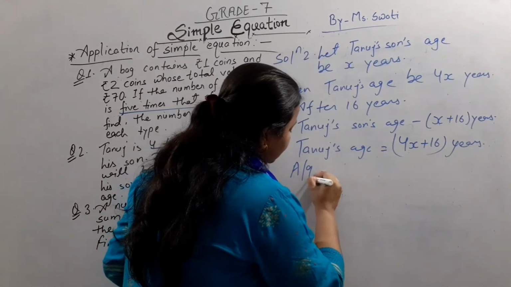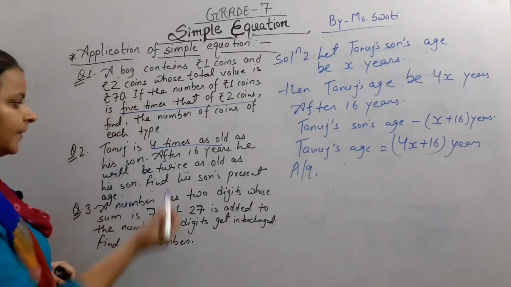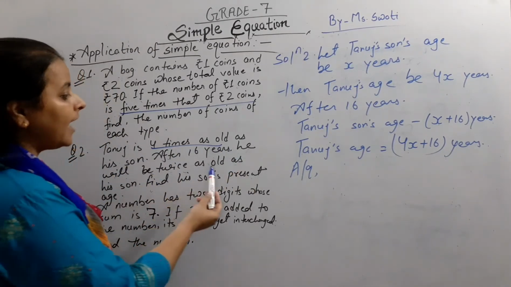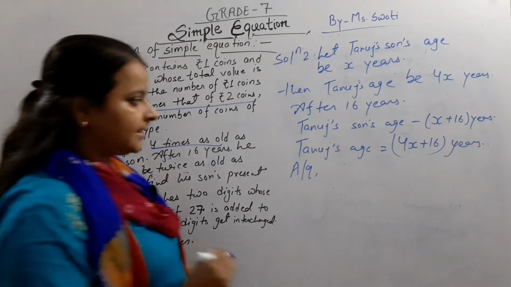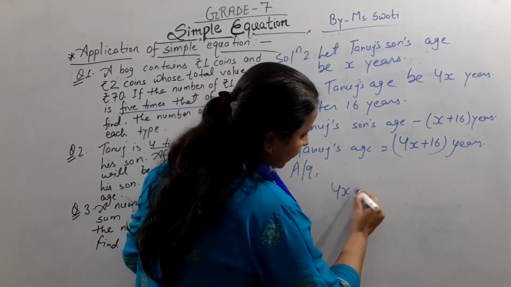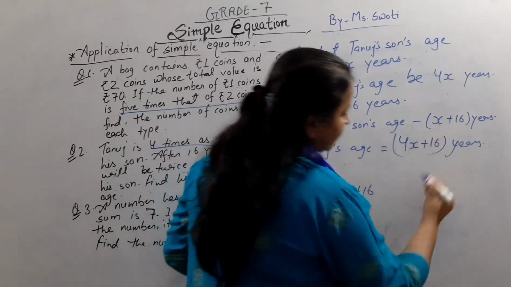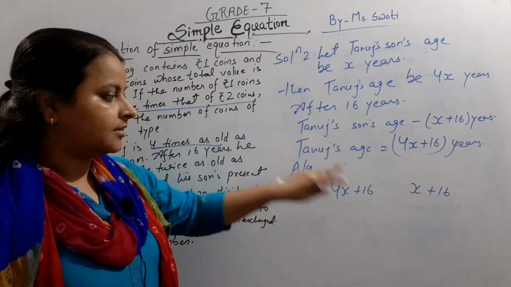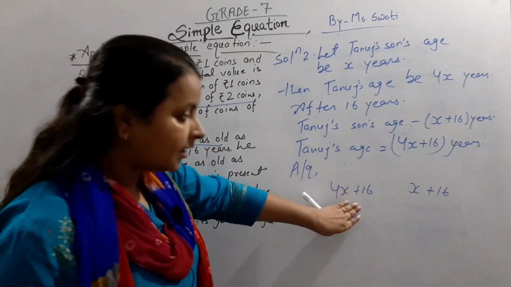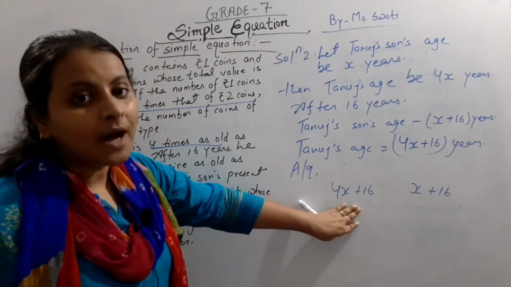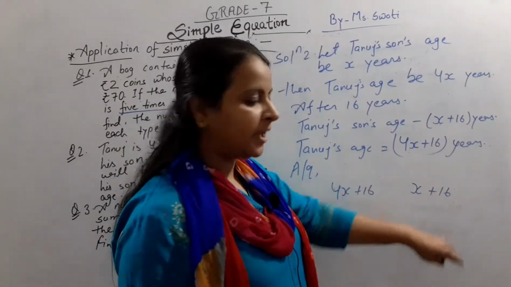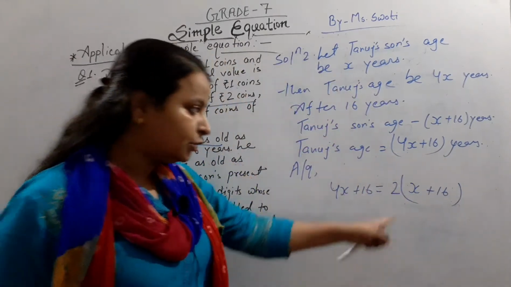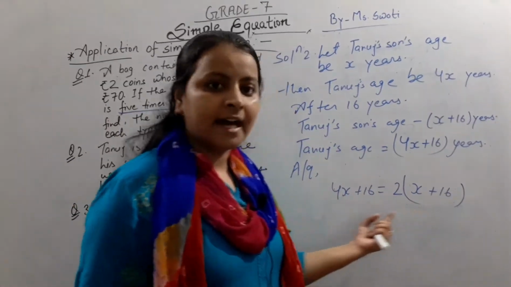Now, according to the question, what does the question say? After 16 years, Tanuj will be twice as old as his son. This is Tanuj's age, 4x plus 16, and this is Tanuj's son's age after 16 years. If we multiply Tanuj's son's age by 2, both statements are equal.